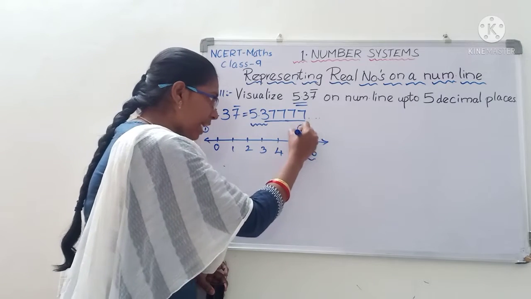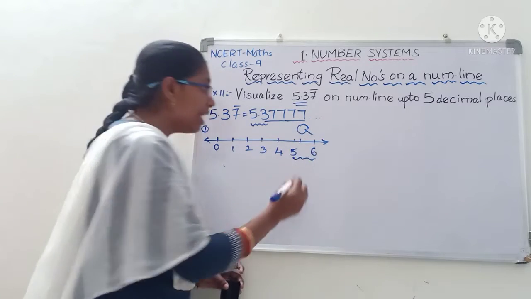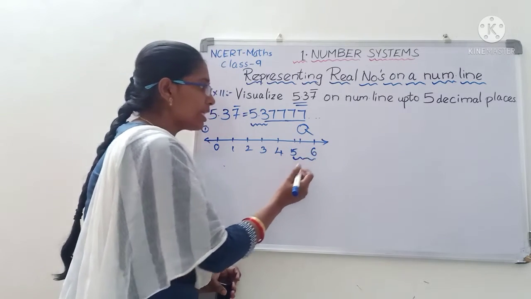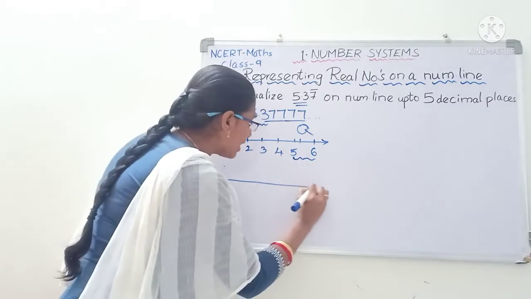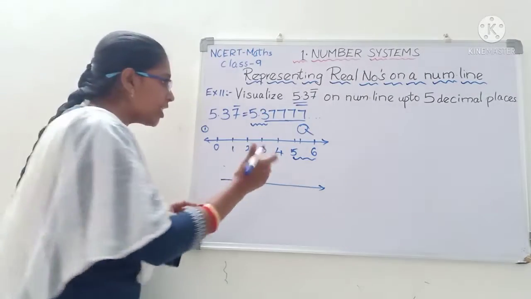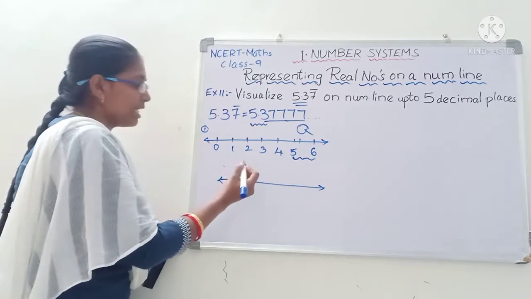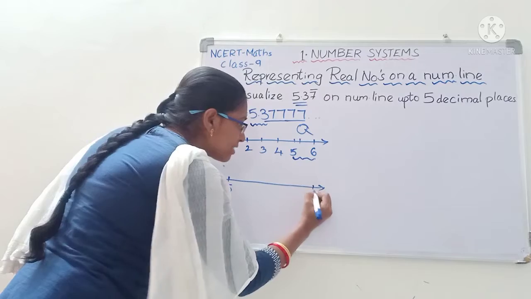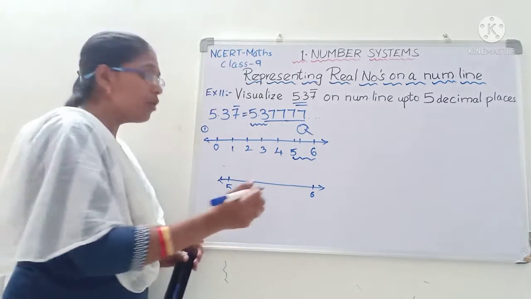So let's use a magnifying glass to observe this. Let's divide only 5 to 6 into 10 parts. Children, if you see in the magnifying glass, you can see large, right? So assume that we are using a magnifying glass. 5 to 6, divide it into 10 parts.